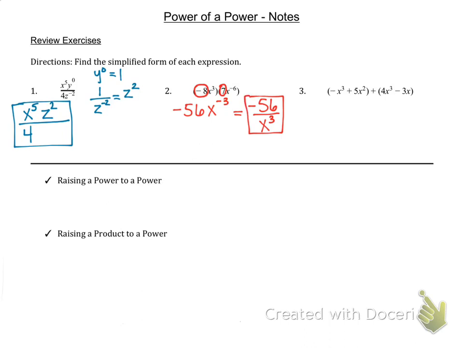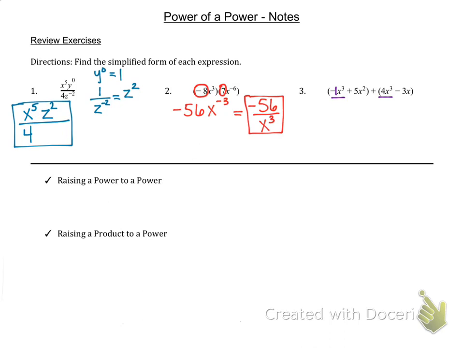Last one is number 3, and here we are adding those two polynomials. So first thing I'm going to do is find which monomial has the largest degree, and that's 4x cubed. So I'm going to write, oh, and actually we have a negative 1x cubed, so those two can be combined.